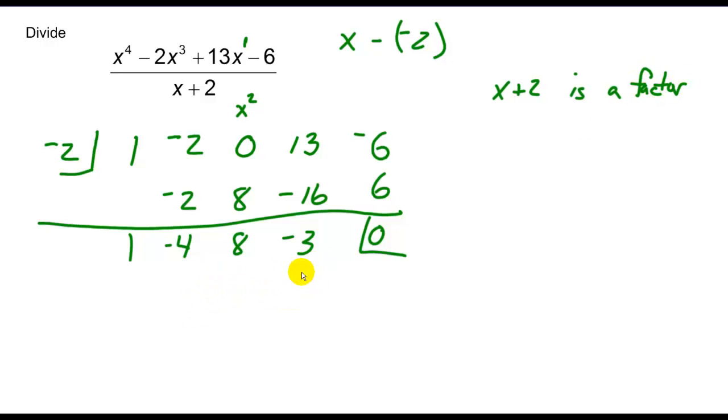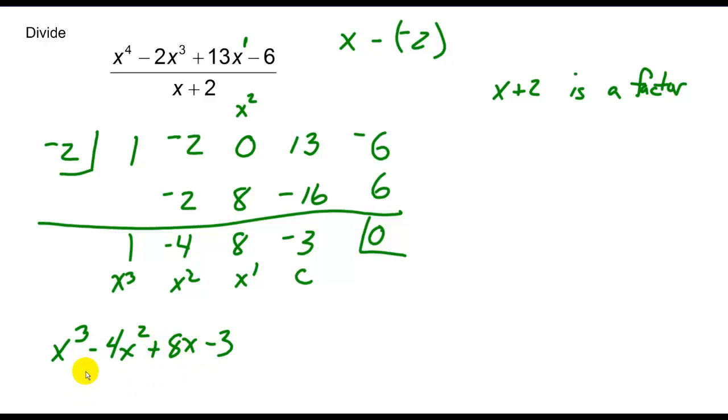And my solution now, if that's a constant, x to the first, x to the second, x cubed, is a third degree polynomial: x cubed minus 4x squared plus 8x minus 3.